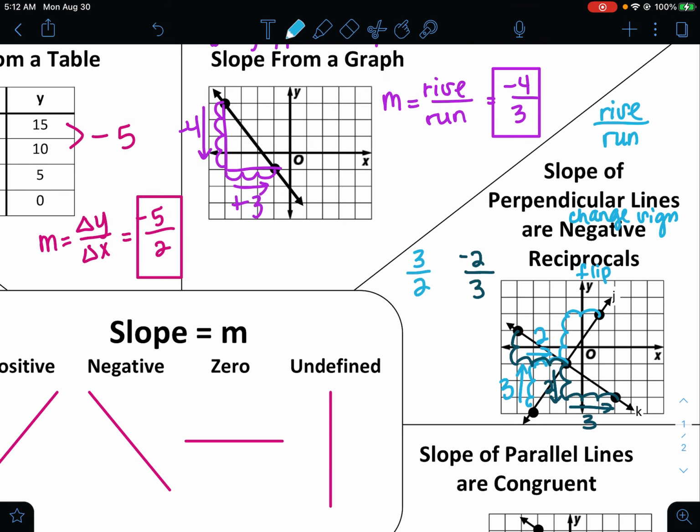Look at these two fractions. They flipped, right? The 3 was here, and then it became down there. The 2 was here, now it's up there, and then it changed sign. It was a positive fraction, now it's a negative fraction. And that is how perpendicular slopes work.